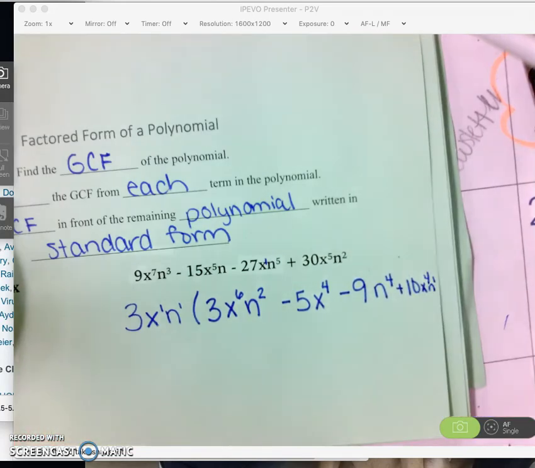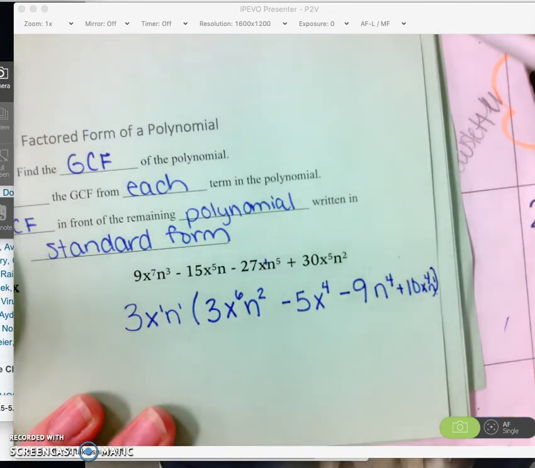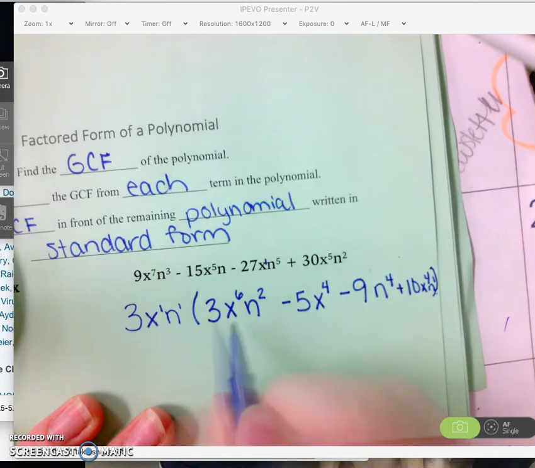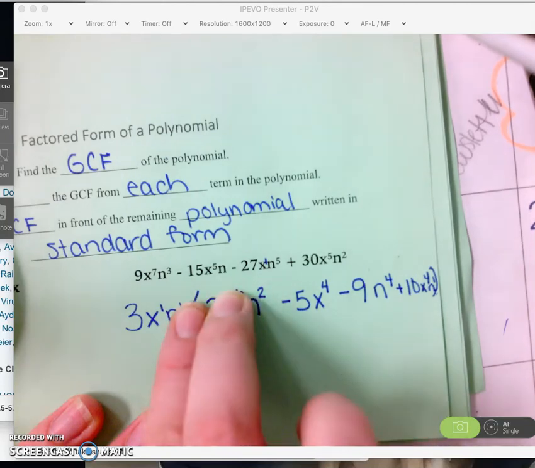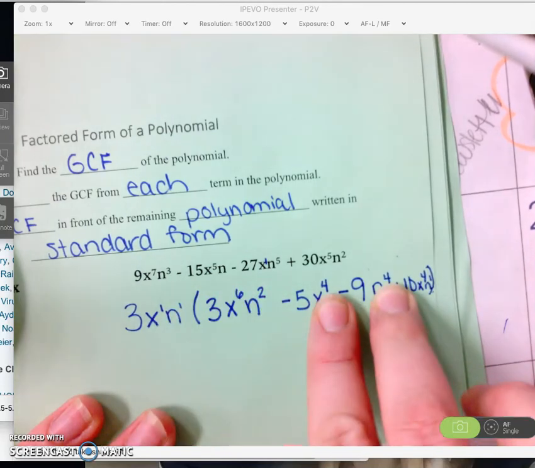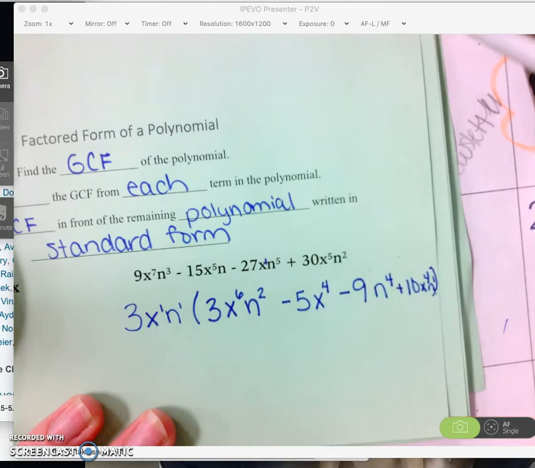Okay, now I want to remember to write in standard form. Standard form is written when they're in descending order and in alphabetical order. So here, this monomial is 8th degree. So this is going to go first. These two are both to the 4th degree, but we want to put in alphabetical order. So we're actually going to switch those.